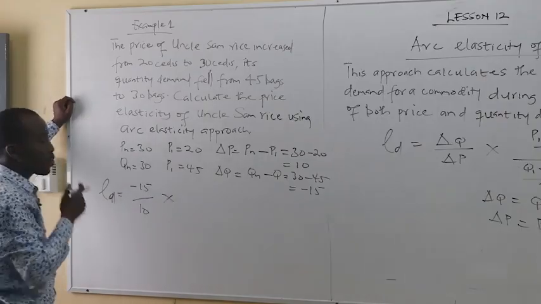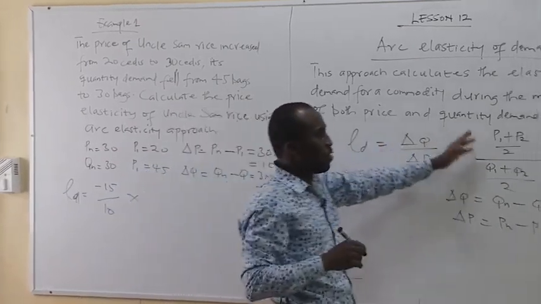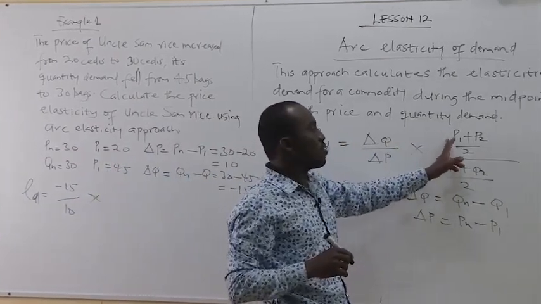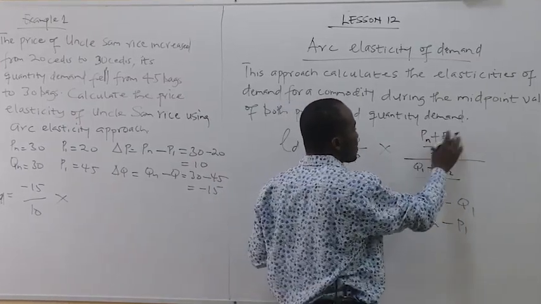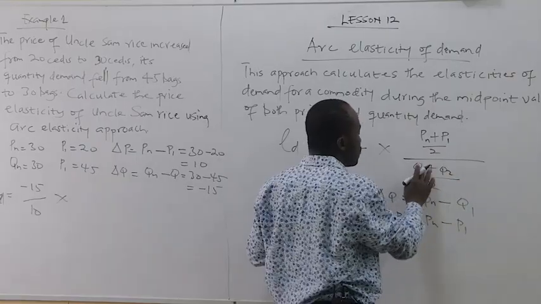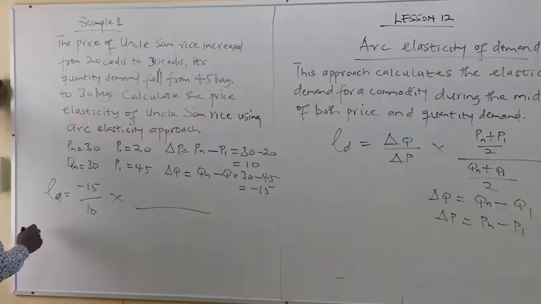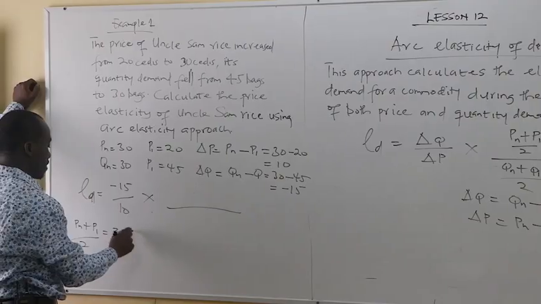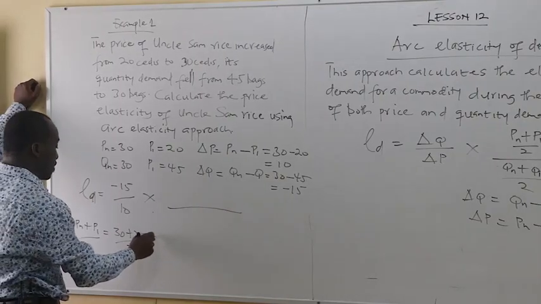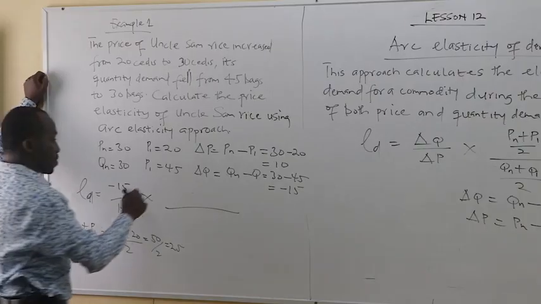When we come here, instead of using the initial price, like what we do in the point elasticity, we're going to use both the new price and the initial price, and you find the average. The two, instead of using only the initial. P2 plus P1 divided by 2, that is 30 plus 20 divided by 2, which gives 50 divided by 2, which gives 25.